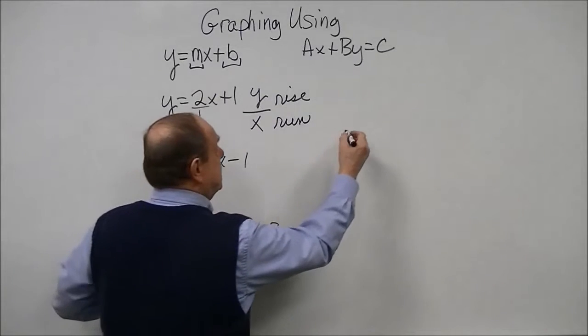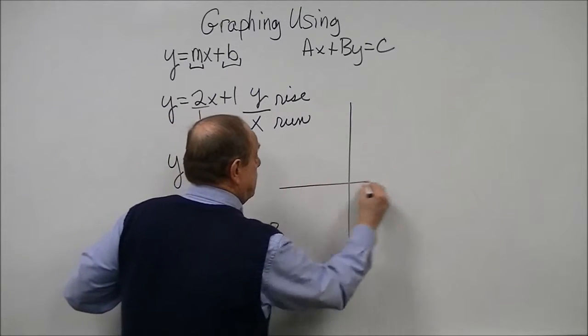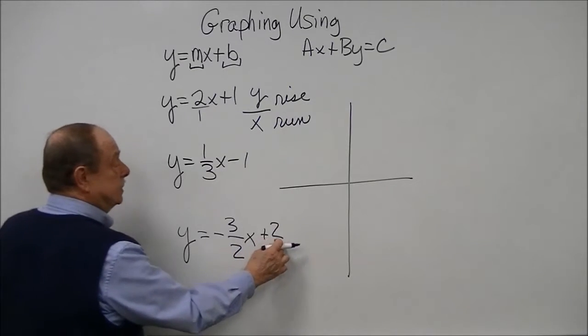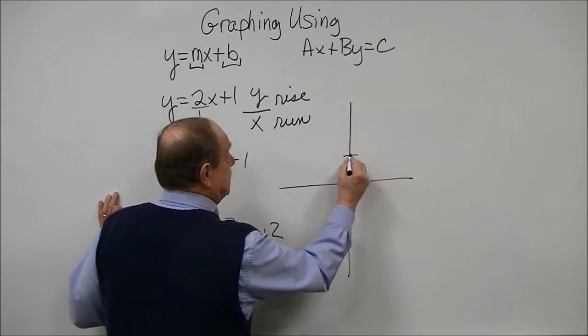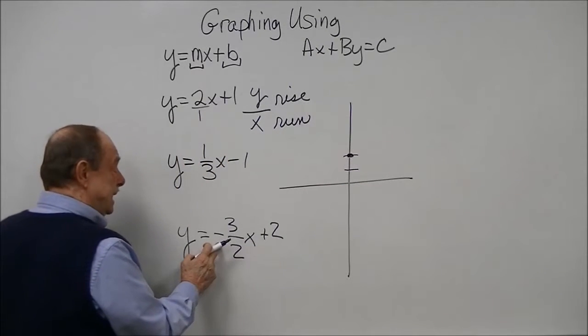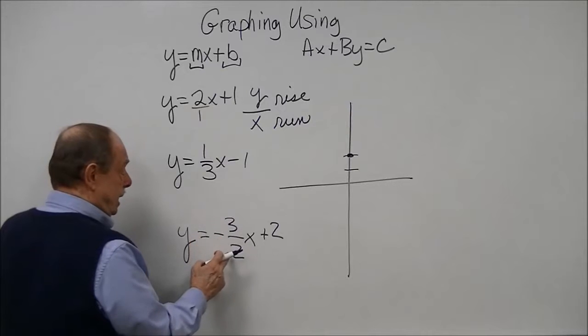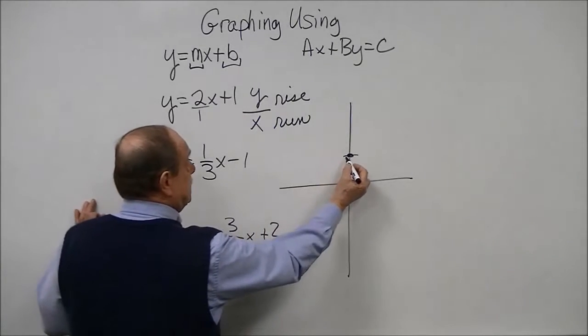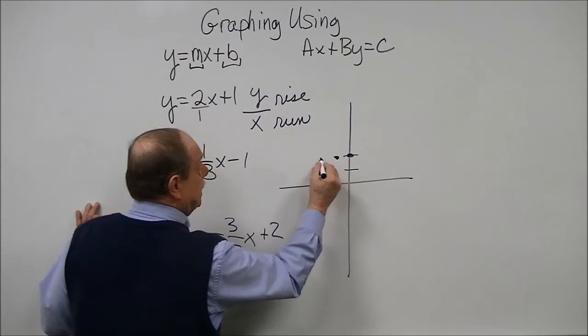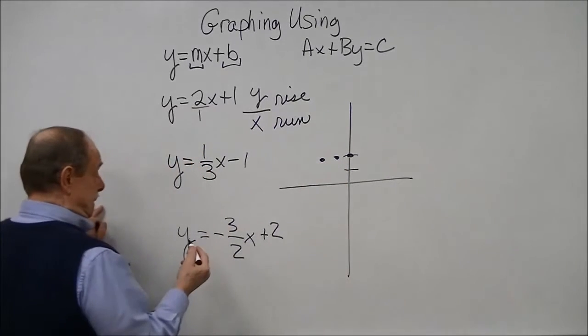In this one, your y-intercept is a positive 2. So you put a dot at positive 2. Now your slope is a negative 3/2. So from this point, to do the negative run, you're going to go 2 to the left.